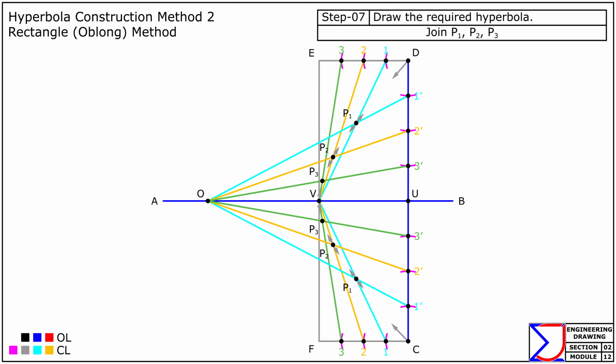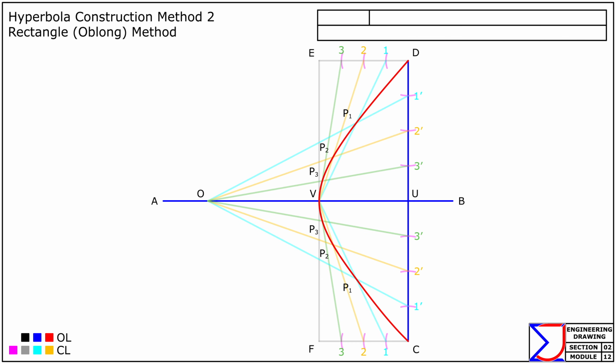Finally, connect all the intersection points with a smooth, continuous curve to complete the required hyperbola. This method is a clear and effective approach for constructing a hyperbola when the transverse axis and the corresponding ordinate and abscissa are known. It offers precise results using basic geometric steps, making it a practical choice for both educational and technical purposes.